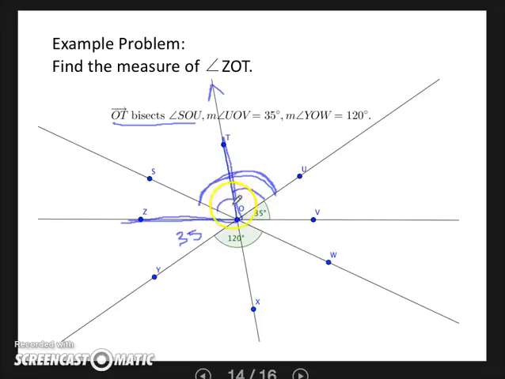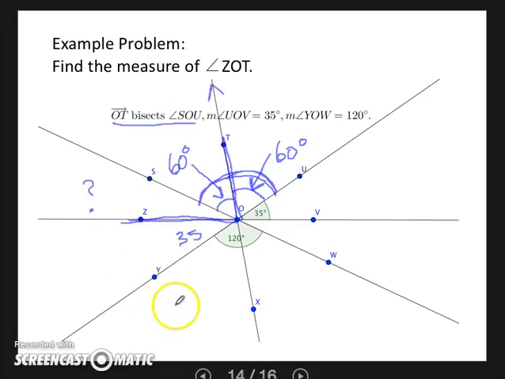Since I already know that this angle is bisected into two halves, that tells me that this half must be 60 degrees and this half must be 60 degrees. Now, am I any further towards getting the measure of angle ZOT? Yes, because I already know that this part of the angle is 60 degrees. What I'm still wondering is how to find this part of the angle.